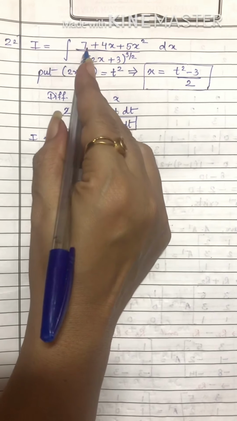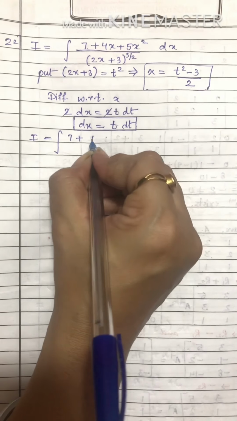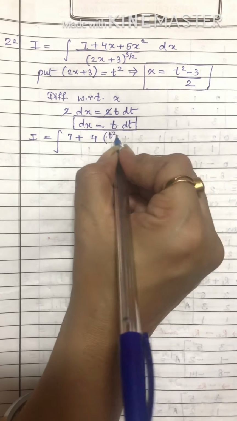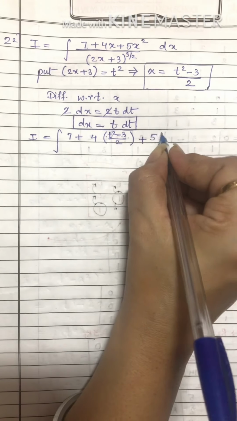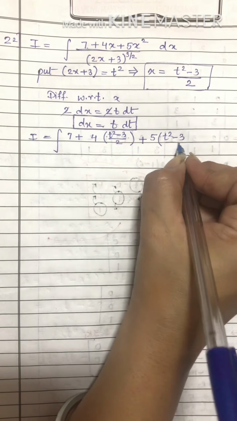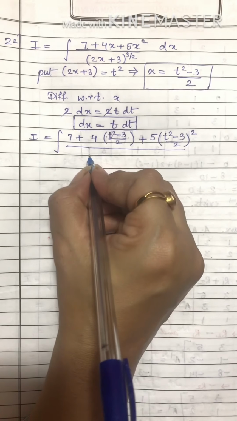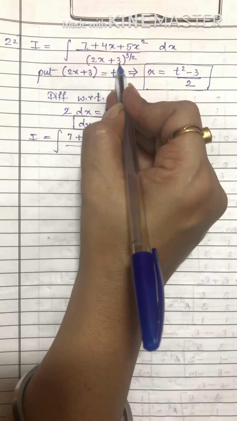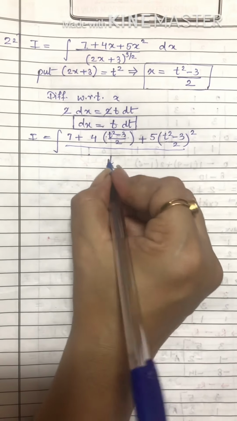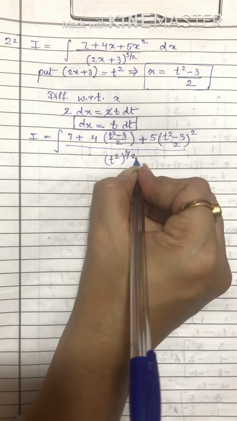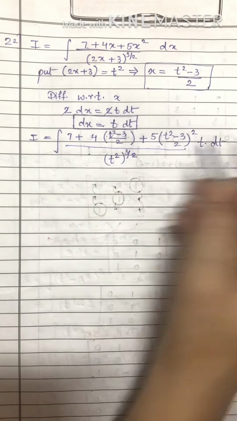Okay, then what I becomes, in place of x we have to substitute this. So 7 plus 4 into t square minus 3 upon 2 plus 5 into t square minus 3 upon 2 the whole square, upon, in denominator we have 2x plus 3 raised to 3 upon 2. So 2x plus 3 we have taken t square, so that is t square raised to 3 upon 2. Okay, and then t dt because of this dx.